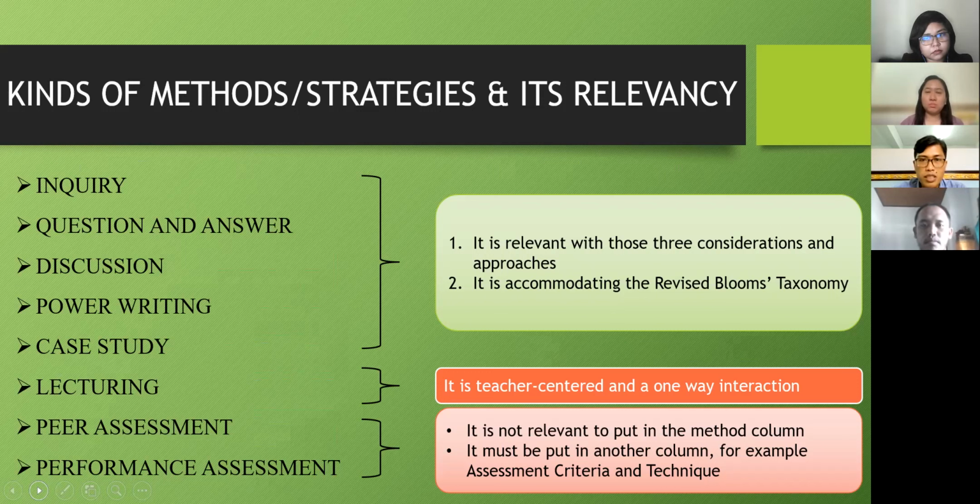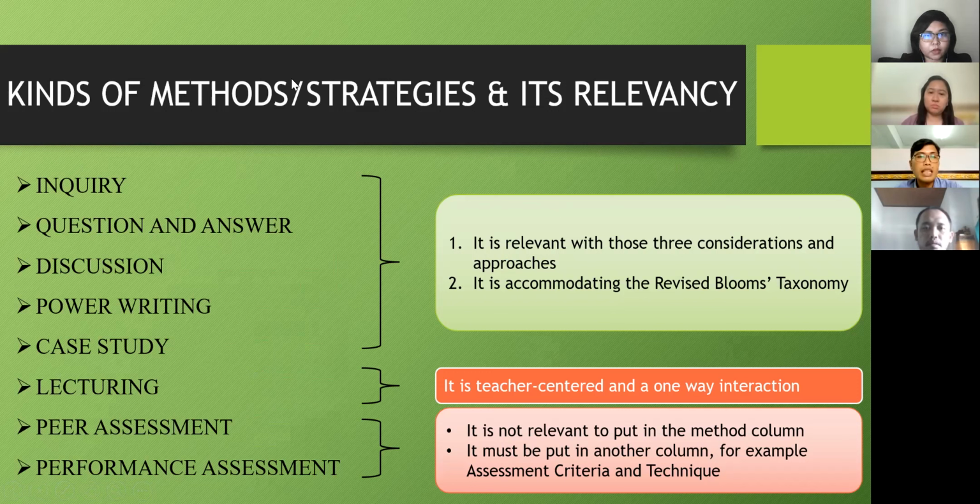After this syllabus is analyzed in the context of its relevancy for the methods or strategies, strategy number 1 until number 5 is relevant with those three considerations and approaches.